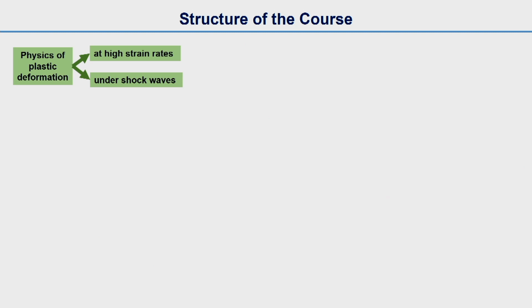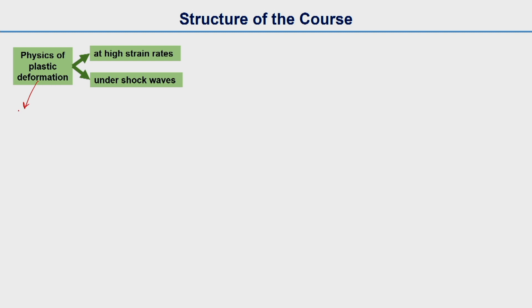After that we will talk about the physics of plastic deformation. We already know that plastic deformation mostly involves dislocation motion, and other forms of plastic deformation mechanism may be twinning. So we need to review our basic understanding of dislocations and dislocation movement, how slip happens, how twinning happens.